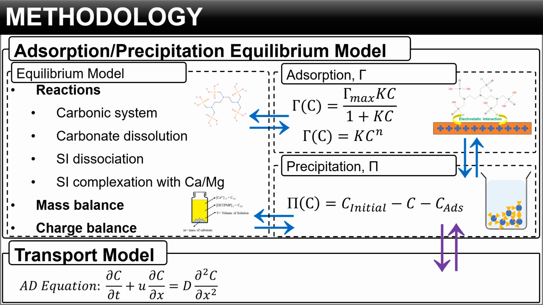Based on the equilibrium model, we calculate the in-solution concentration of a species, the adsorbed concentration of the species, and the precipitated concentration of the species for each cell. Based on these values, we can update the concentrations in each cell, which are used by the transport model for the next time step.